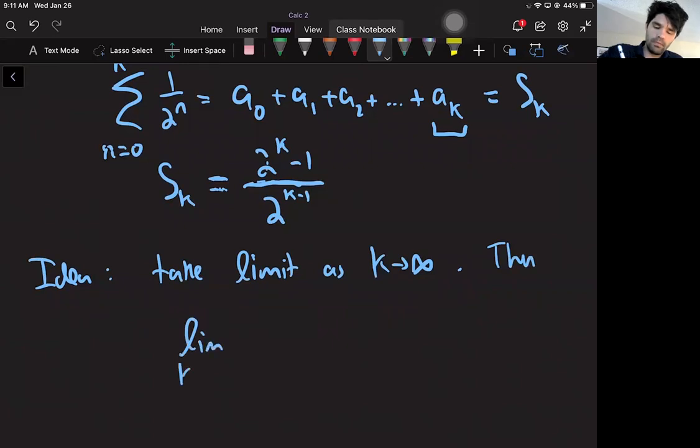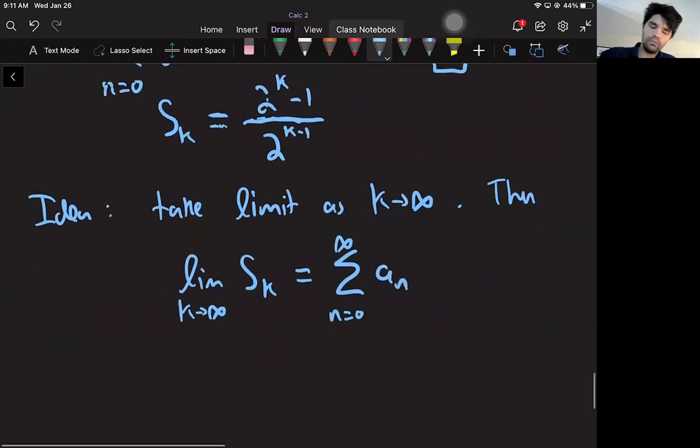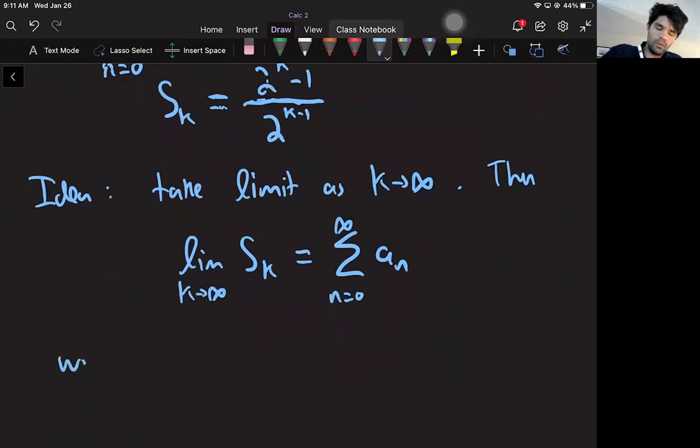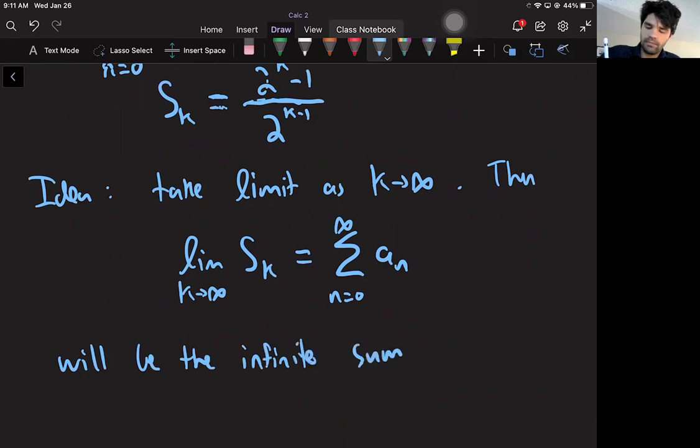The infinite sum, I mean, sorry. So the idea is that this limit of the partial sums is going to be the infinite sum. Okay, and that's how we'll actually define the infinite sum.